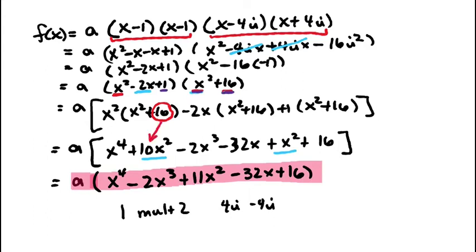So this number here would be a 16. And that means that when I combine like terms, instead of this being 11, this would be 17, 16 plus 1. So the polynomial function is x to the 4th minus 2x cubed plus 17x squared minus 32x plus 16.